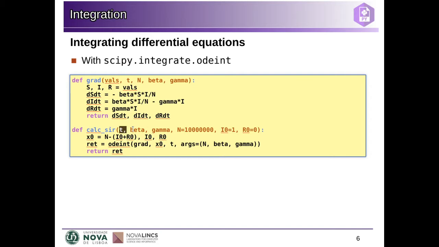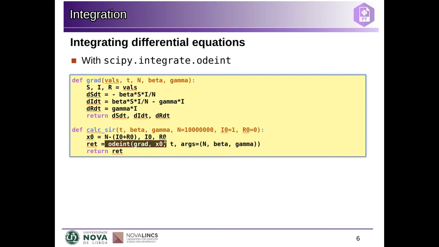We have the parameters beta and gamma and the parameters for the population. This one I left with defaults. So we're going to start our simulation with 1 infected person, no recovered persons, and a population size of 10 million. So this would be for Portugal.